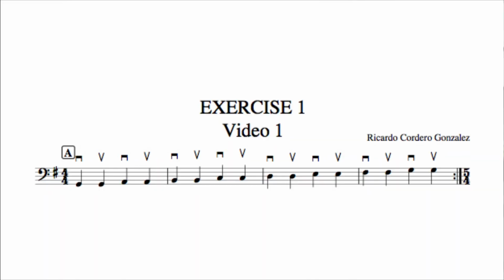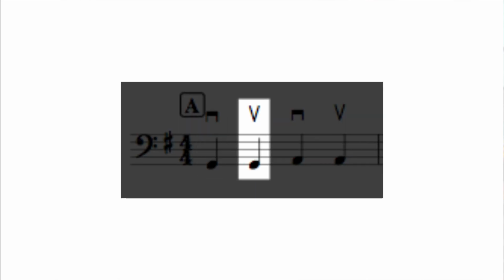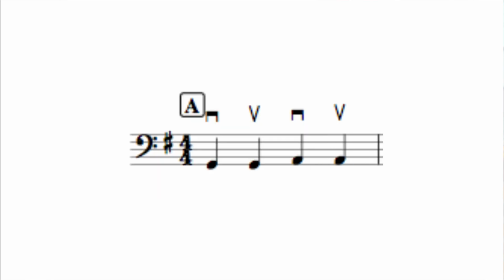However, I want you to know, and this is your way of practicing, that normally you're going to begin down bow, up bow, down bow, up bow. That will be the normal way to begin your exercise. 4 quarter notes. The first one begins down, the second one up, the third one down, and the fourth one up. Now during your exercise of this PDF, you have around 8 exercises.